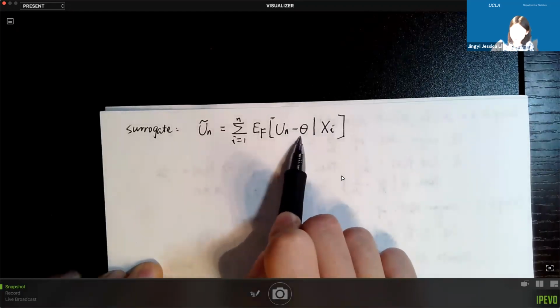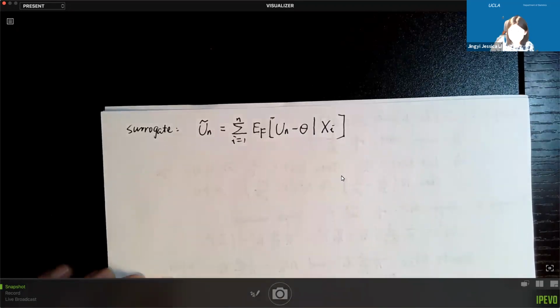This is the mean. And we're doing it conditioning on X_i. This is an important thing we need to understand about conditional expectation.